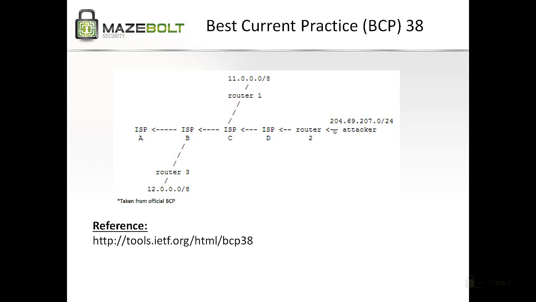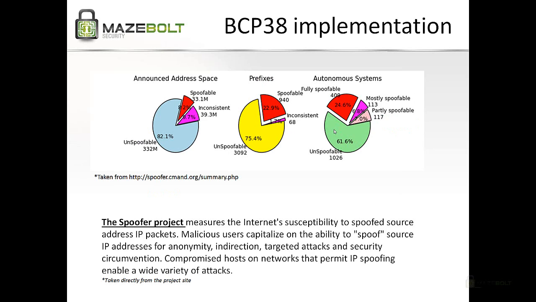Of course, this is a best current practice, which is not loosely followed, but not followed 100%. You can see here, there's a project called the Spoofer project, and it measures all of the internet's address spaces and sees who complies with the BCP 38 implementation.